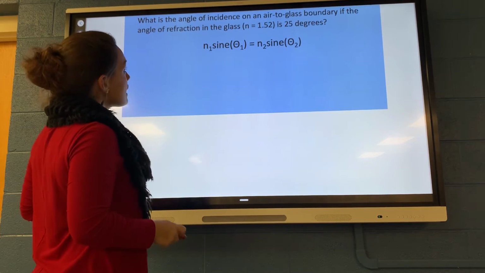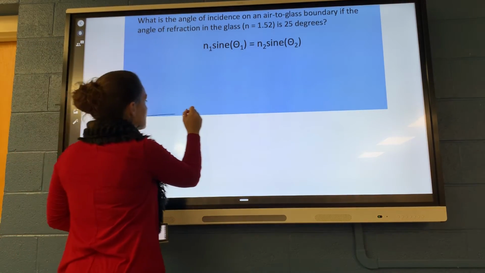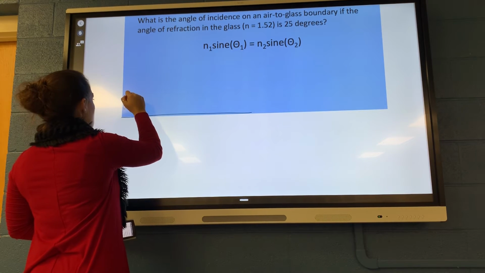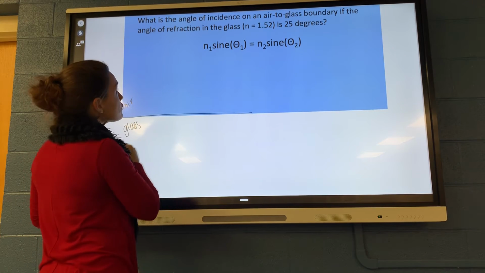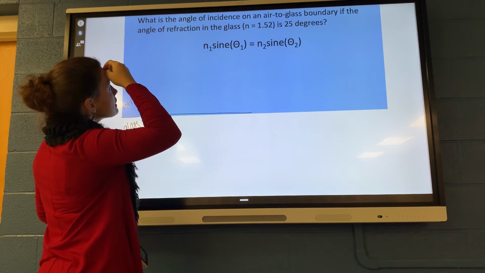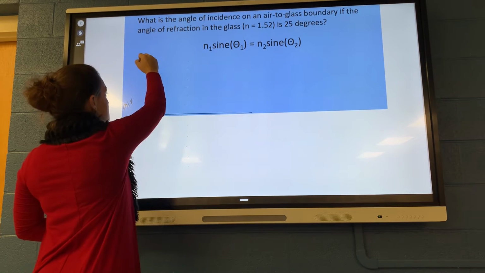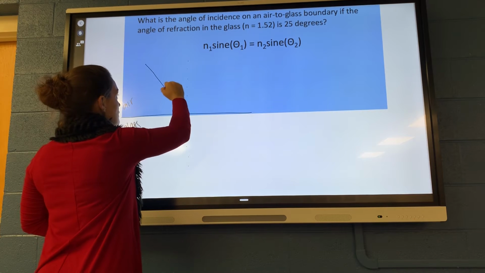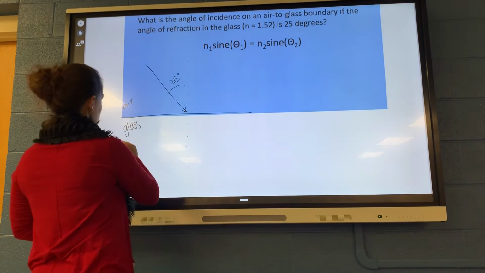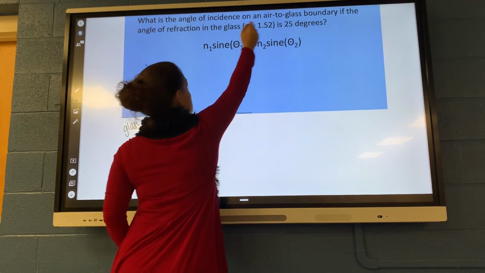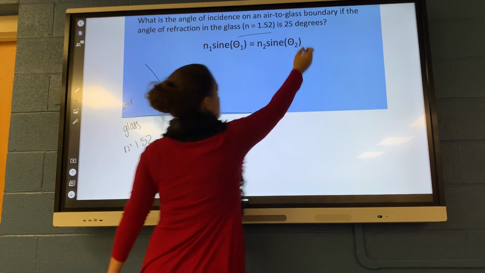Okay. What is the angle of incidence on an air to glass boundary? Air to glass. So air is up here, glass is down here. If the angle of refraction in the glass is 25 degrees, and my glass index of refraction is N equals 1.52.